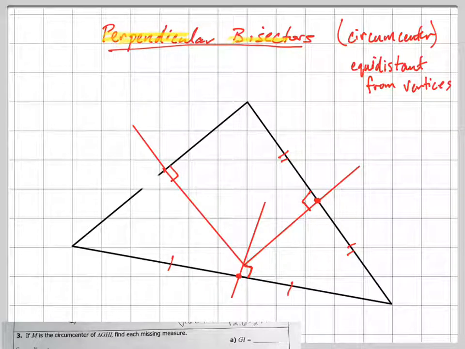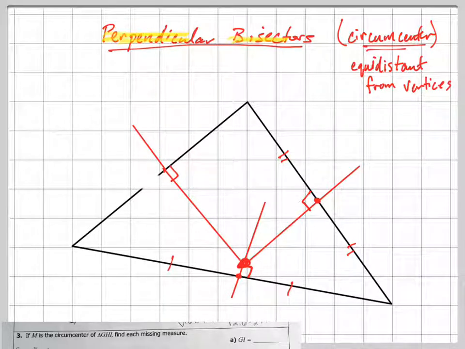In any triangle, if you take the three perpendicular bisectors of the three sides, guess what they're going to do? They're going to meet at one point. And guess what that point's called? That's called the circumcenter. Doesn't matter what triangle you draw them on. The three perpendicular bisectors are always going to meet at a point which is called the circumcenter.